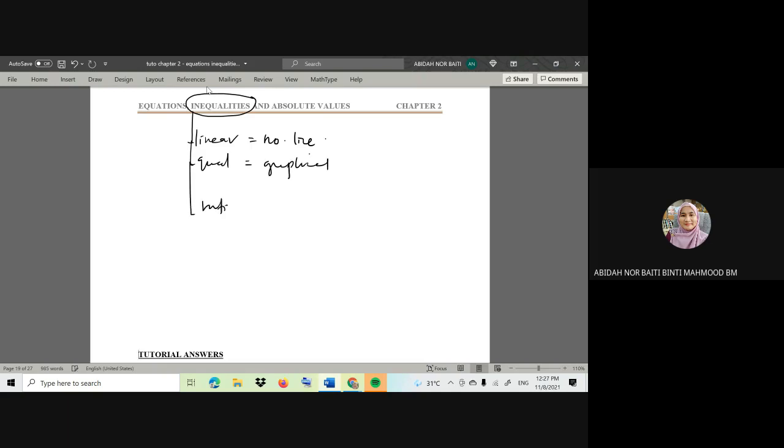For rational inequalities, use table of sign. For inequalities, absolute values. Okay, absolute values kita ada dua tadi lah. Satu yang GOAL tu ya, ingat GOAL. G-O-A-L ya. Greater or and less. Okay, untuk yang ada modulus sahaja.